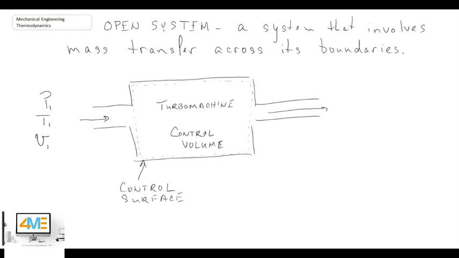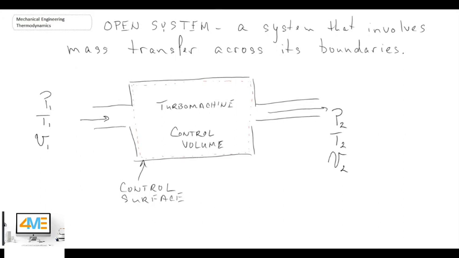In this course, I'll try to use a fancy V for the velocity. We'll be using a little v for the specific volume that we'll introduce in a few minutes. And on exiting, we have pressure 2, temperature 2, and velocity 2. So that describes the fluid leaving.